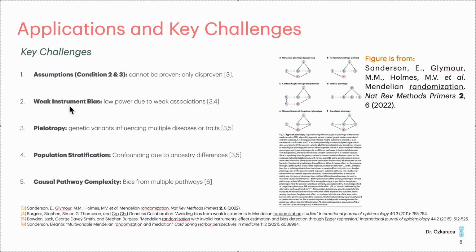Another challenge is pleiotropy, which means genetic variants influencing multiple diseases or traits. And there are many different types of pleiotropy. I have taken a figure from a review paper in 2023.